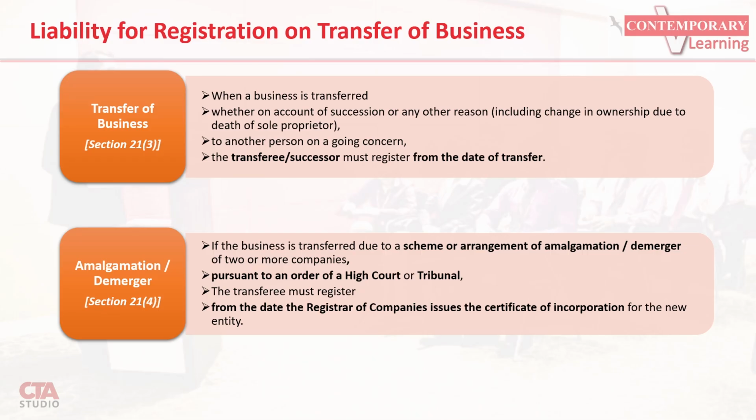If the business is transferred due to a scheme or arrangement of amalgamation or demerger of two or more companies, pursuant to an order of a high court or tribunal, the transferee must register from the date the registrar of companies issues the certificate of incorporation for the new entity.